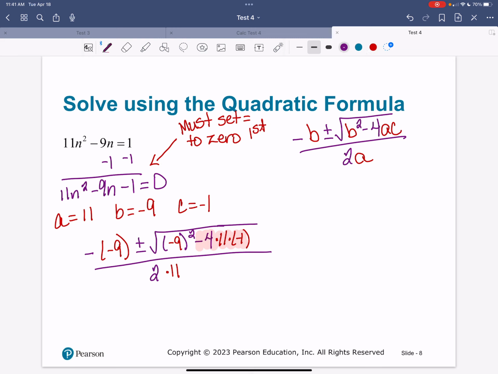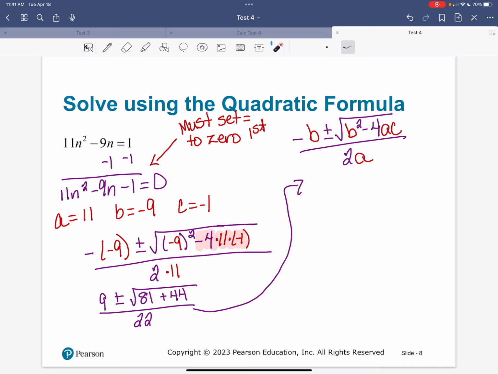So negative 9 is 9 plus or minus the square root. What's negative 9 squared? 81. And then we've got positive 44, and all of that's going to be over 22. Now what is 81 plus 44? 125.